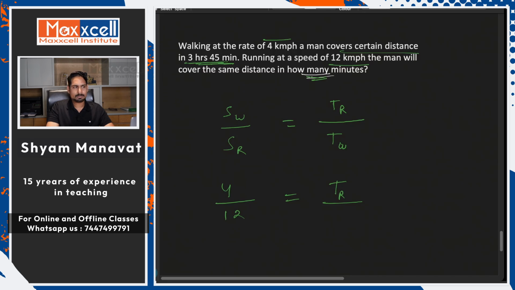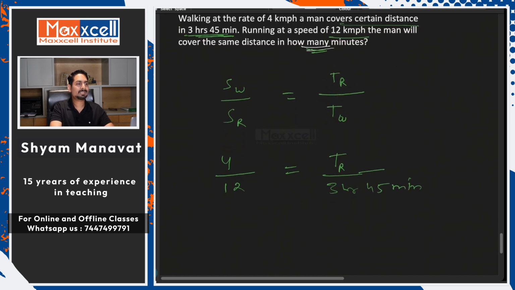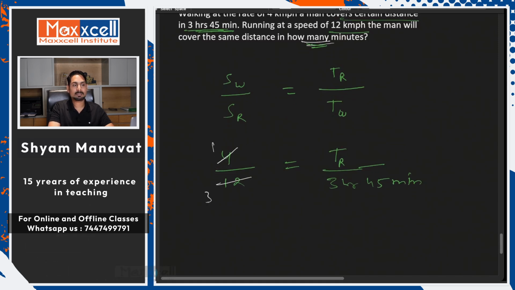Do you want to convert into minutes? You can convert into minutes if you want, otherwise just keep it simple. See, 3 hours 45 minutes. Look at how I am solving. When numbers are easy and relatable, here you can see 1 by 3. The 3 1s are 3 and 15 3s are 45, so they are directly divisible by 3, right?